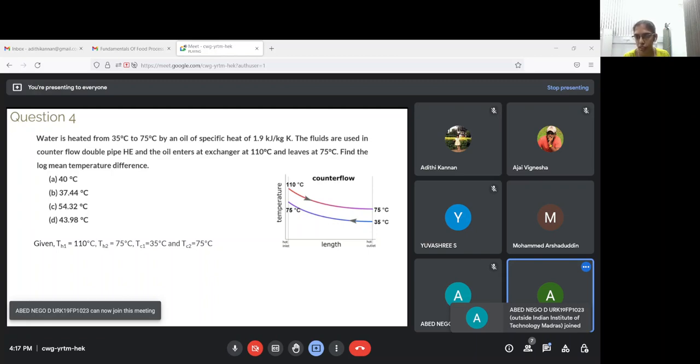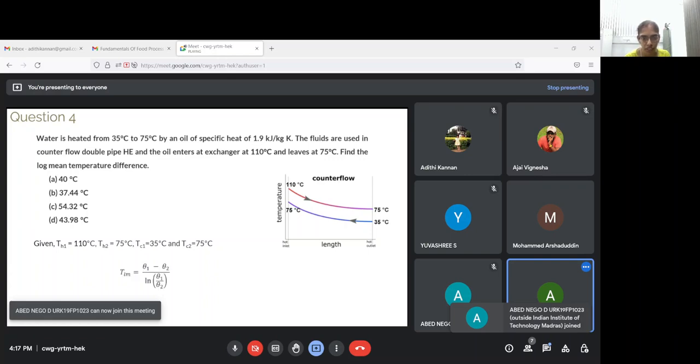Is anybody calculating theta 1 and theta 2? Okay, theta 1 is always the temperature difference at the start, L equal to 0, and theta 2 is always at L equal to L, the final length.